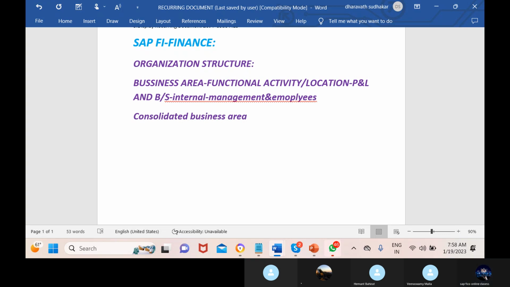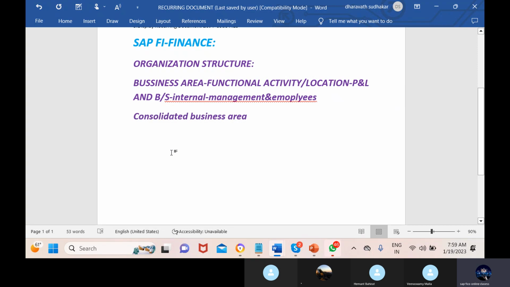Why? At a single company code, we know what will happen, but we are responsible to our holding company because they are the investors. For a single company code, we prepare a business area. For company level, we prepare a consolidated business area.